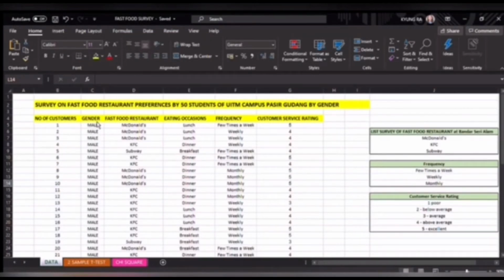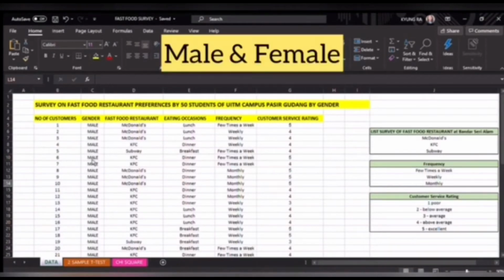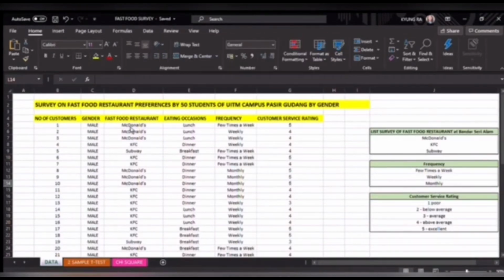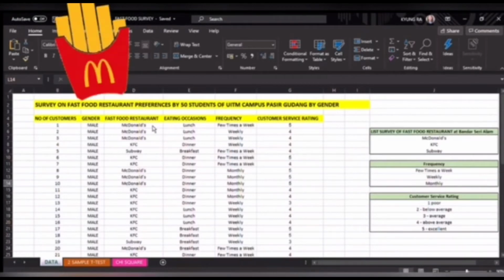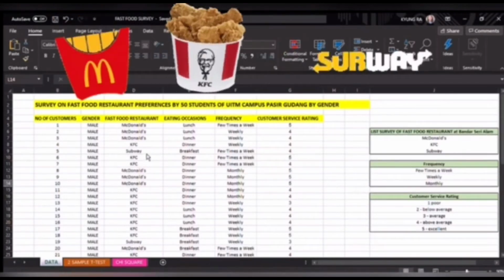The next column is the gender of the student, which is male and female. The next column is the type of fast food restaurant near the UiTM campus Pasir Gudang Johor, which is McDonald's, KFC, and Subway.